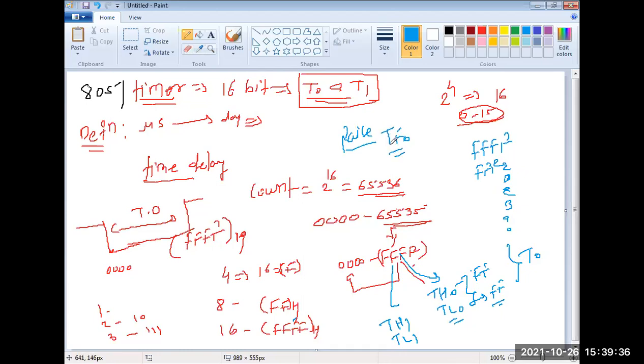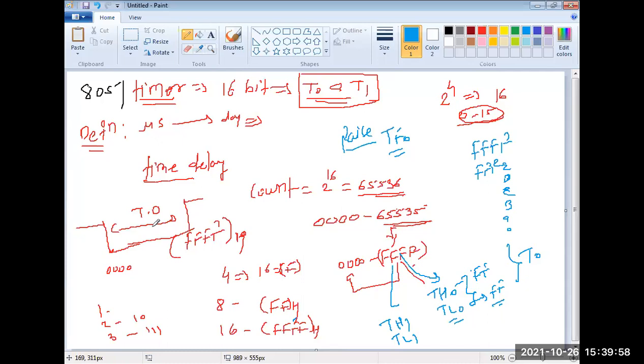Raising the flag means it shows the interrupt, the software interrupt for timer 0 and timer 1. So basically this is the simple operation of the timer and how it provides the time delay. Once the time delay is completed, it raises the flag and the timer stops there.